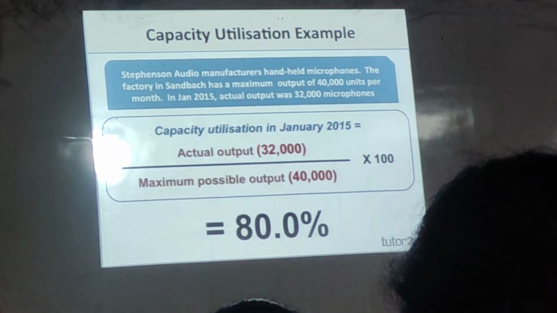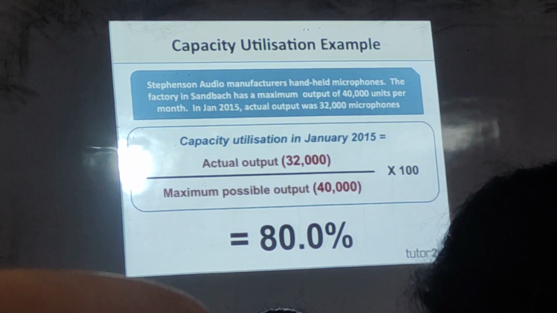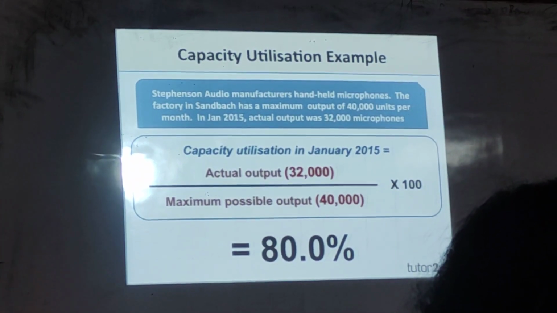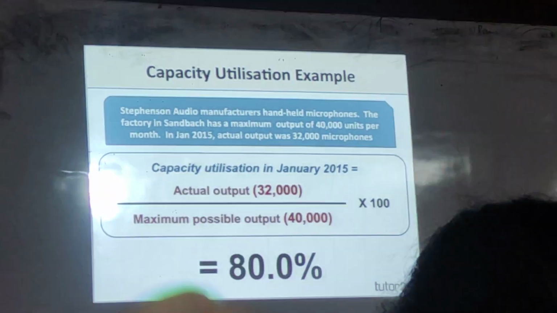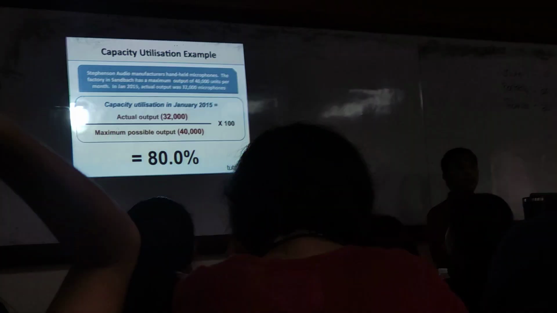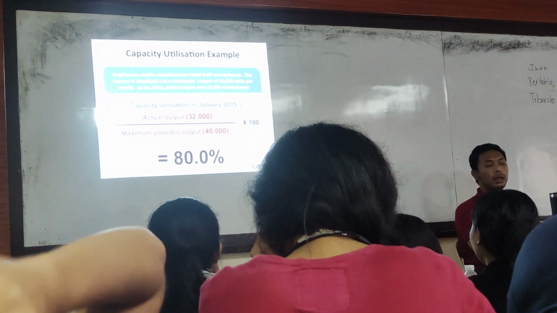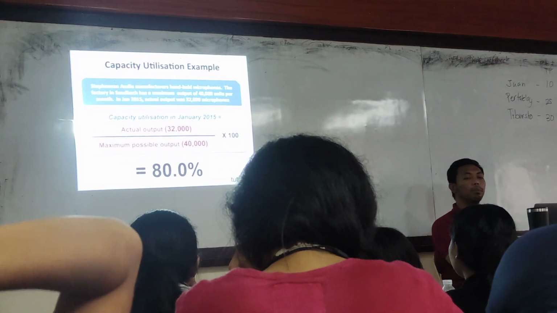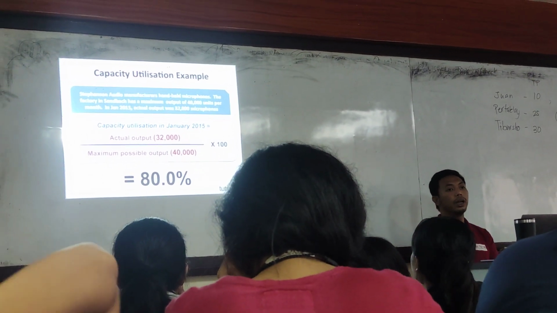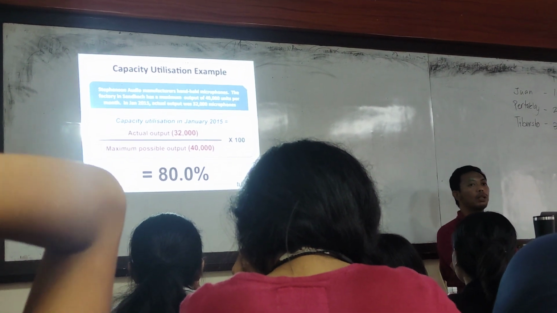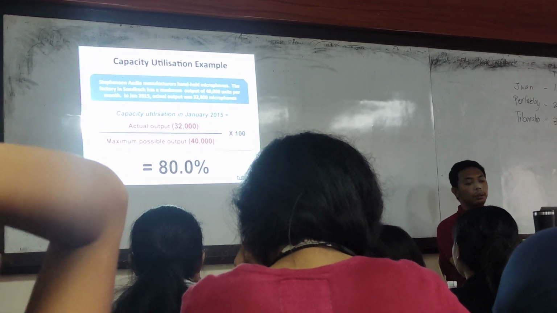So given the formula, we have 32,000 divided by 40,000 times 100. So that's going to be 80%. The company only uses 80% of their total capacity in the business. So they can still improve on using the resources or the equipment that they have in the business. And once we reach 100%, that's the time that expansion is needed. Okay?